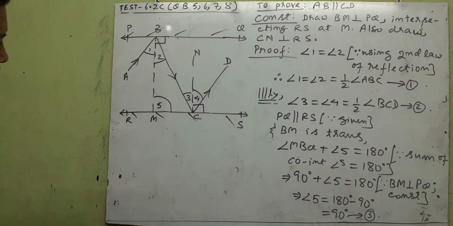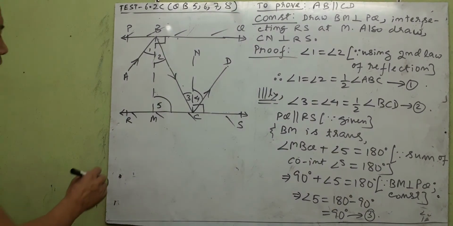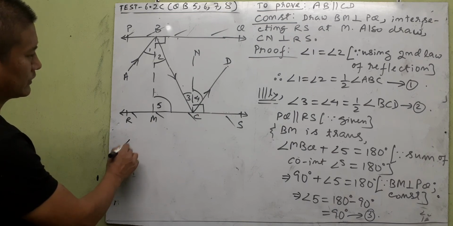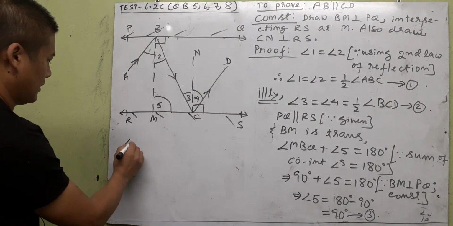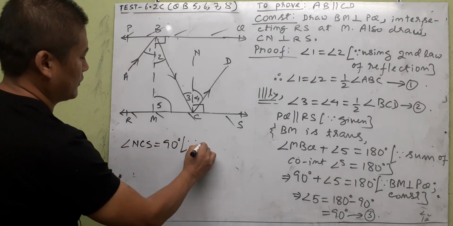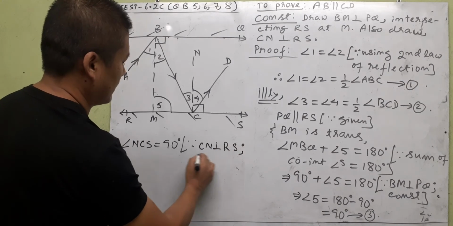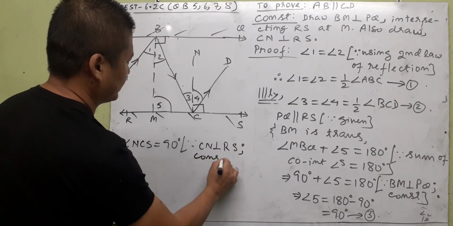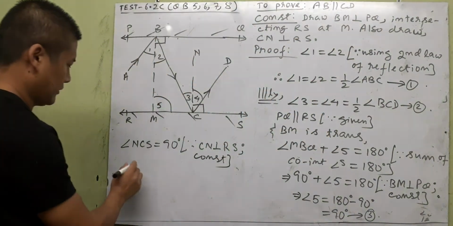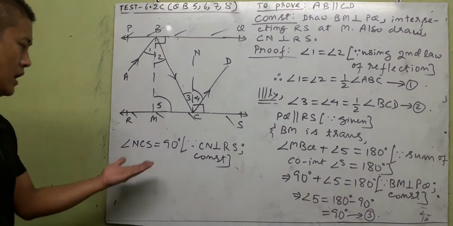Angle, if you like, NCS is also equal to 90 degrees, because we know CN is drawn perpendicular to RS, semicolon again, by construction. Go and see CN perpendicular to RS. So if it is perpendicular, then this angle here NCS will be 90 degrees.